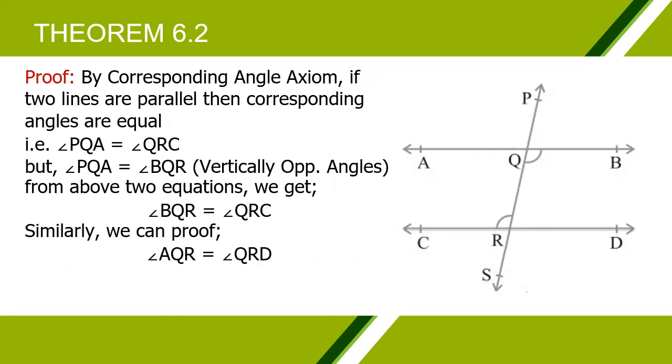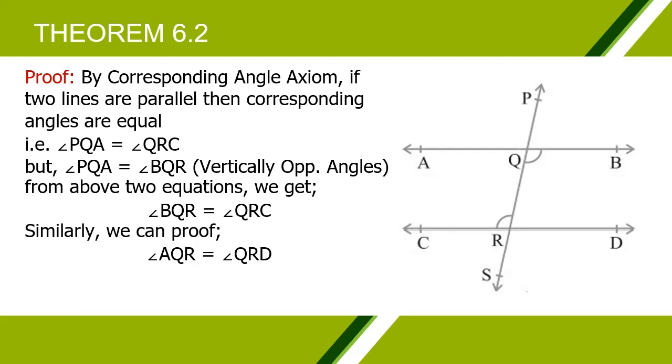Starting with the proof, by corresponding angle axiom, what we have? That if the two lines are parallel, then corresponding angles are equal, isn't it? So closely observe in our figure, angle PQA is equal to angle QRC, isn't it? But at the same time, angle PQA is also equal to angle BQR. Both are vertically opposite angles, isn't it?